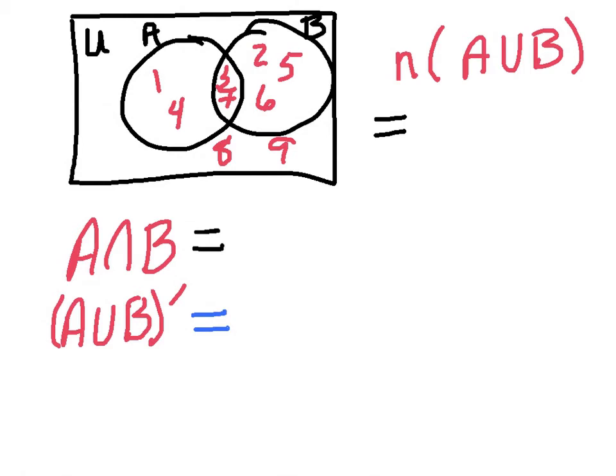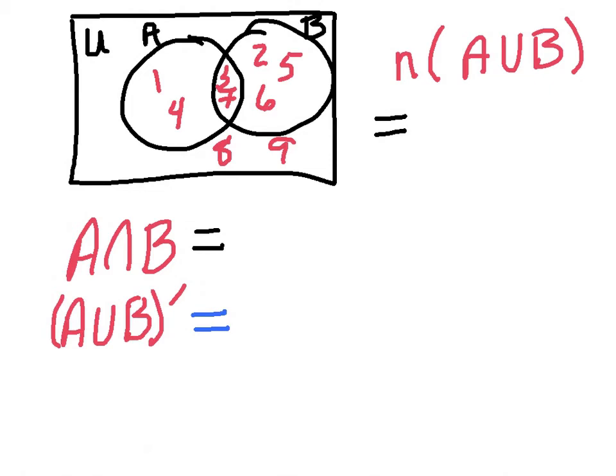So I'm going to let you solve those. I'll pause the video and give you a moment to work on them, and then you can come back and tell me what your solutions are. So let's do the first one. A intersect B visually is going to occur where A and B overlap.